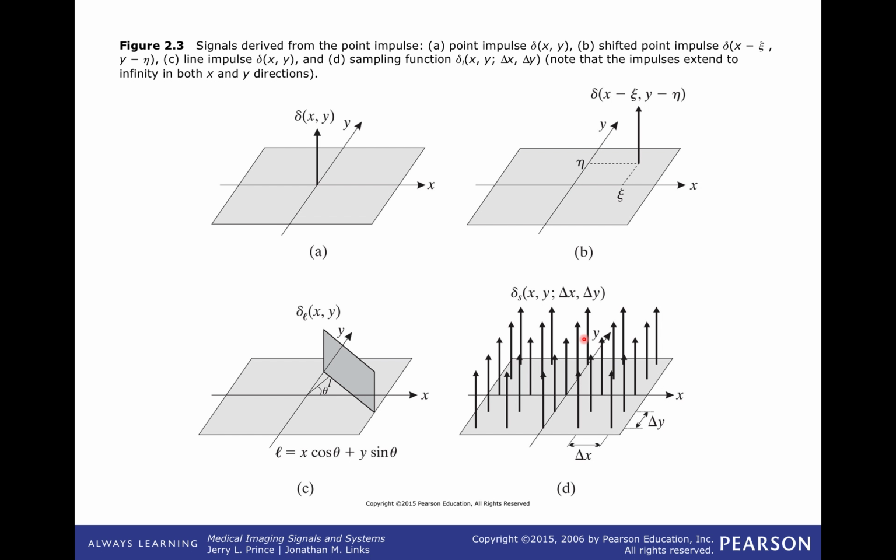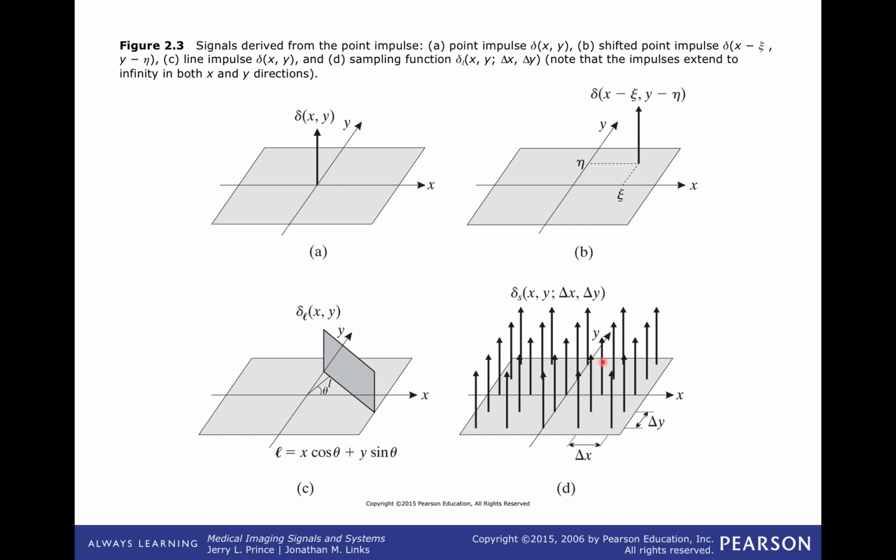And then there's the sampling grid. A sampling grid is a whole set of delta functions, right? And they are separated by a constant separation. So if we have a collection of delta functions, one at the origin, and then the next one is at y equals 0, x equals 0 plus delta x.